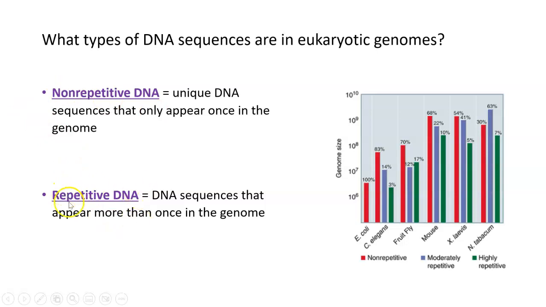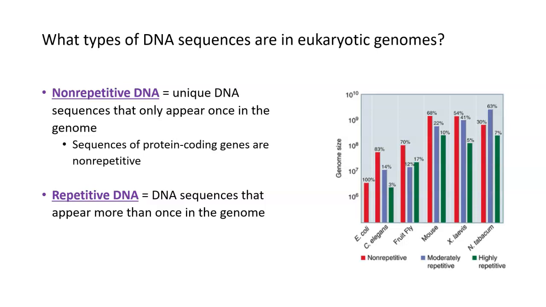And there's also some sections of our genome that are made up of repetitive DNA, or DNA sequences that appear over and over and over within the genome. And so what we know from studying our genome is that the sequences inside genes that code for proteins, or genes that will ultimately become a protein, are non-repetitive.